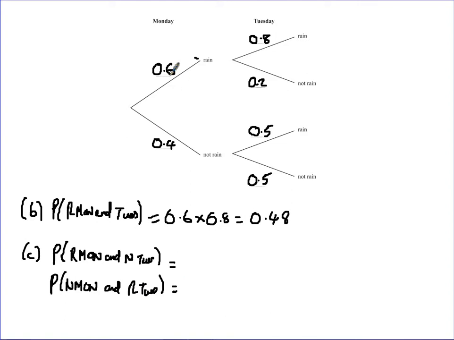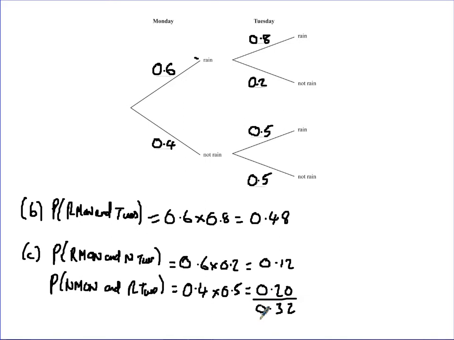So rain on Monday and not on Tuesday is 0.6 times 0.2, and the probability it doesn't rain and then rains is 0.4 times 0.5. Going this route, times these two together you get 0.12, and times these together you get 0.20. Add them together and you get 0.32 as your answer at that point.